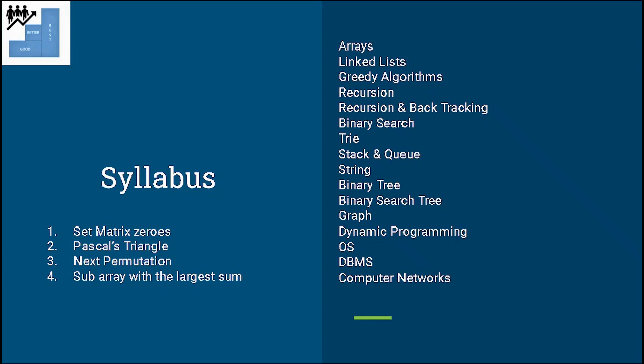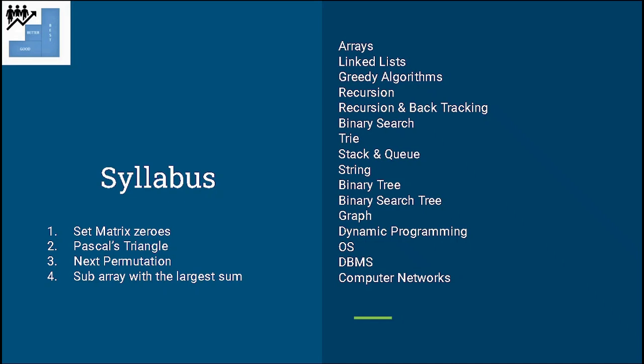Given n as a number, you have to make n rows of the Pascal's triangle. The third question was next permutation of elements. For example, if it is 123, then the next sequence or next permutation would be 132. So that was the question, and it was a really interesting one.